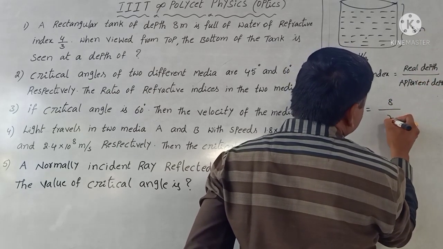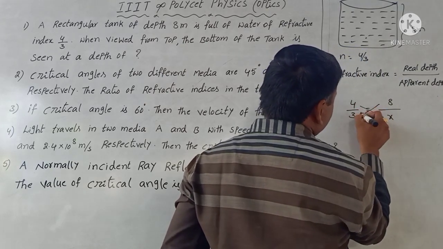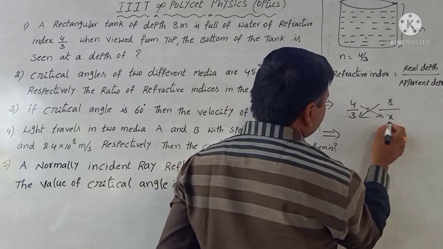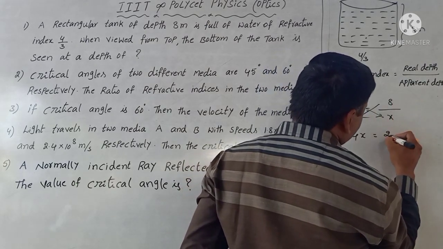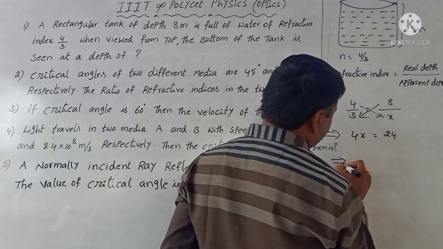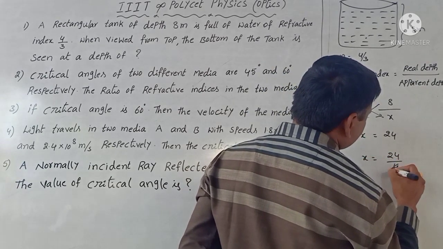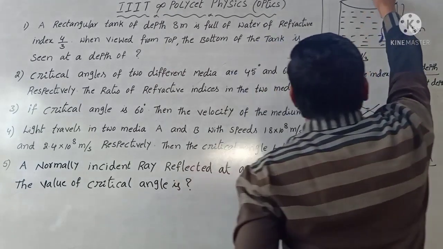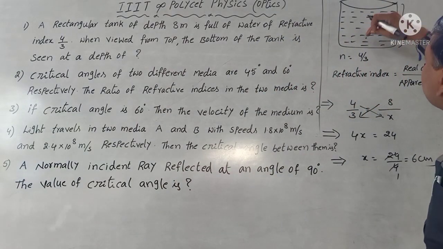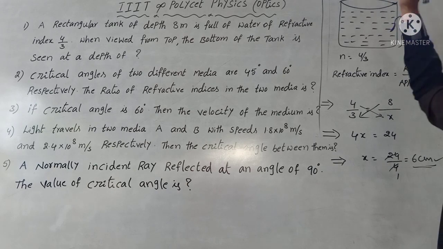So the apparent depth we take as x. We take cross multiplication: 4 into x, 4x, equals 3 eights are 24. That implies x is equal to 24/4, which is 6. So the bottom will be raised to 6 meter from the top view.